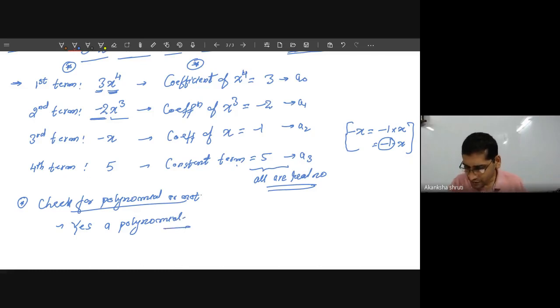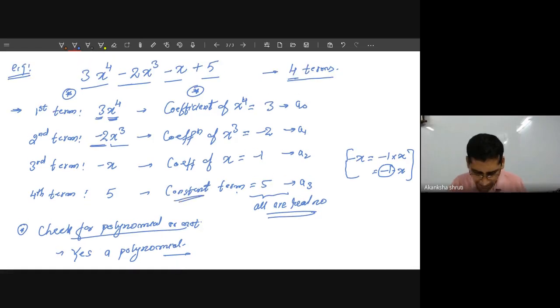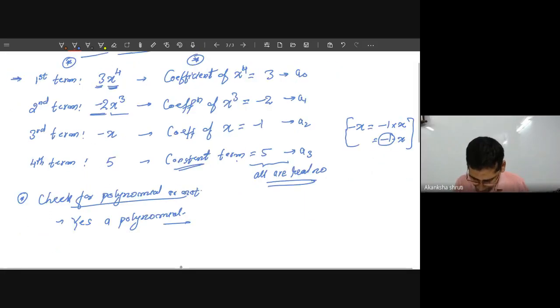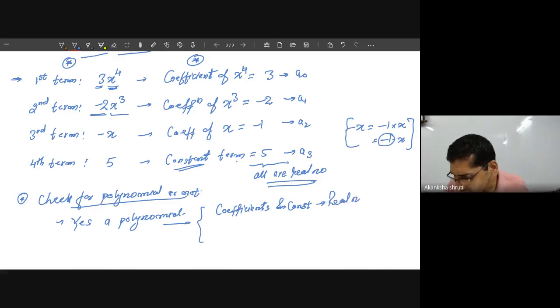So here I have checked the coefficients, but at the same time we have also observed the degree or the power of x. The power of x is always positive. So here we have checked 2 things: all the coefficients and constant are real numbers, and the powers of the variables.